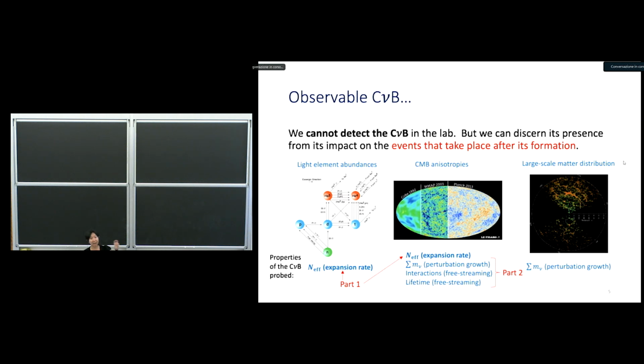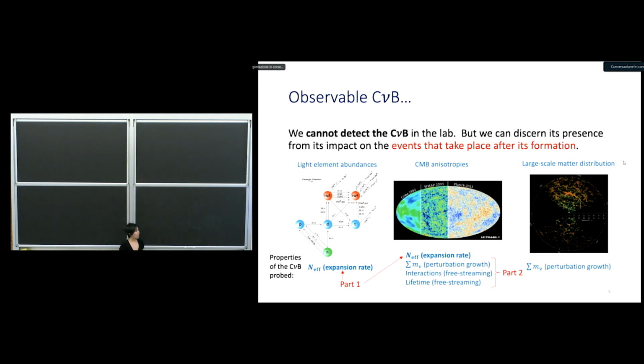So primarily we're talking about events like nucleosynthesis, which is a theory that gives us the primordial light element abundances, the CMB, of course, which we have all seen, and the large-scale structure distribution. All of these different probes are sensitive primarily to different aspects of the CνB.